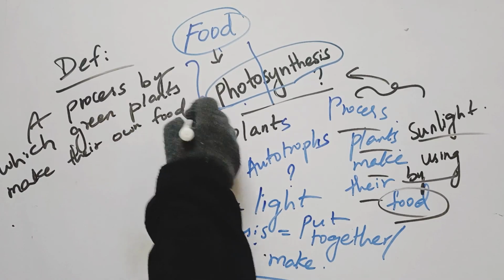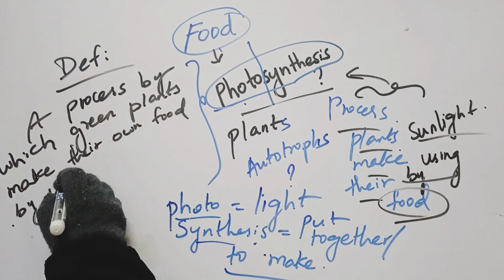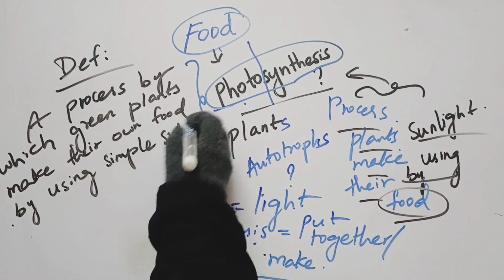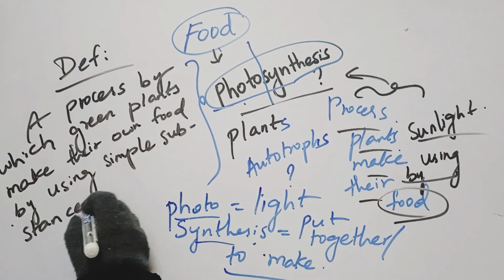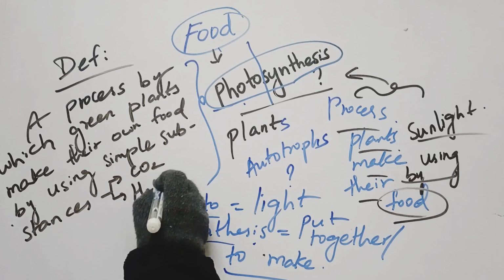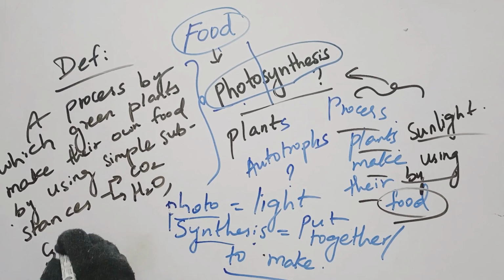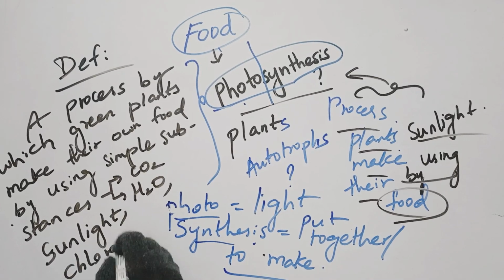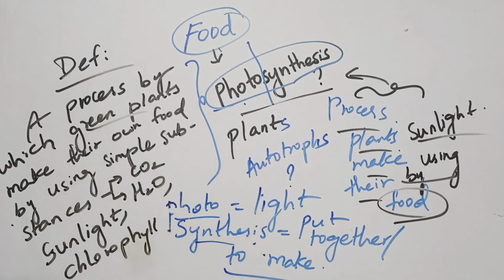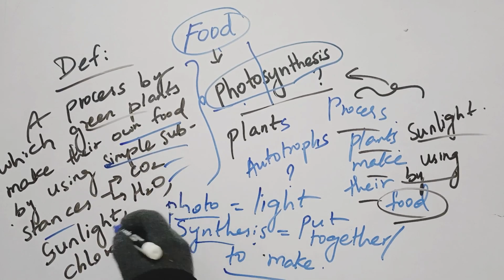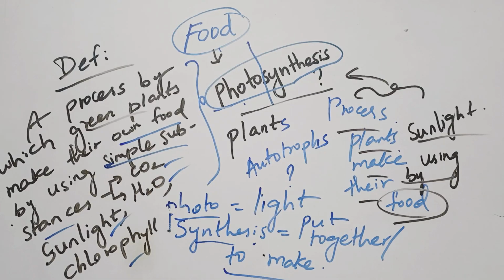So green plants make their own food by using some simple substances. And what are those simple substances? Such as carbon dioxide, CO2, and water, H2O, in the presence of sunlight and chlorophyll. So the process by which green plants make their own food by using simple substances such as CO2, H2O, sunlight in the presence of chlorophyll, such a process is called photosynthesis.